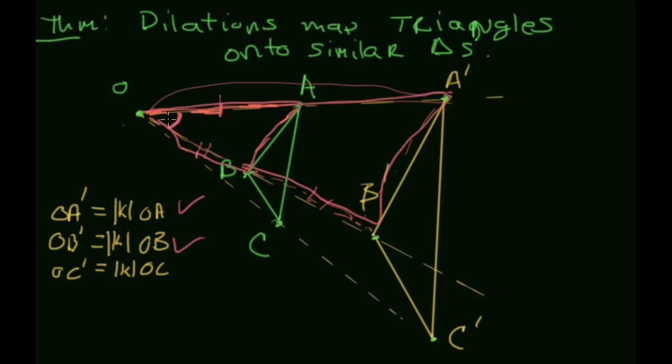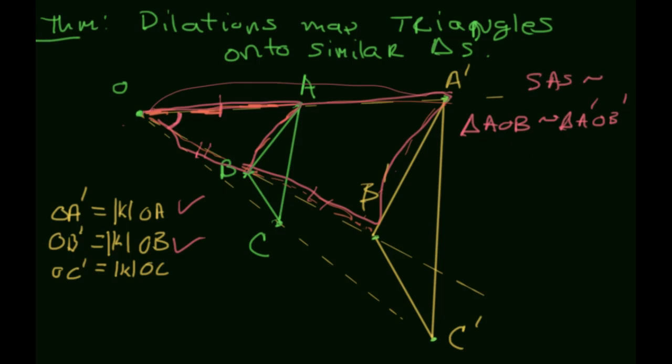So I have proportional sides, the angle between them, so I know that triangle AOB has to be similar to triangle A prime O B prime, and that's by SAS similarity.